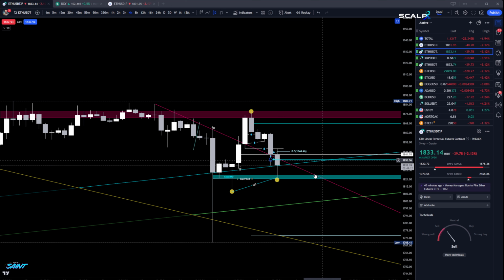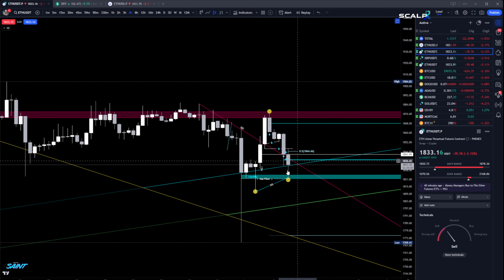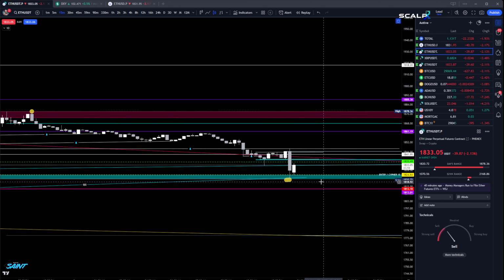It's worth noting if you're trying to track support areas, like where the wicks can come to. I think we've mapped out where these wicks can come to, because on the 15-minute we can see the gap filled and all that jazz.